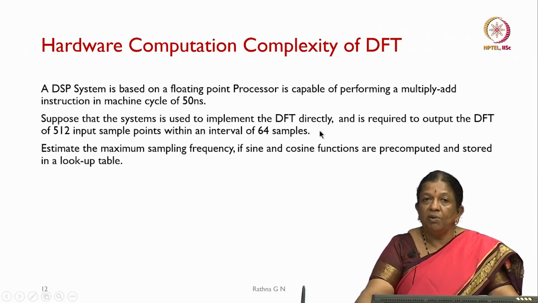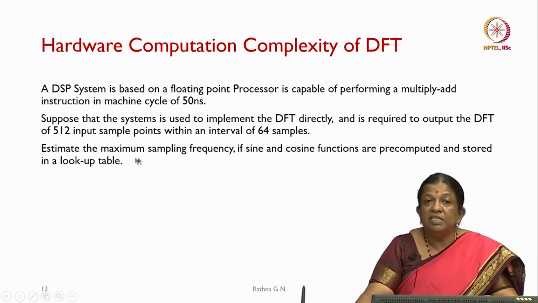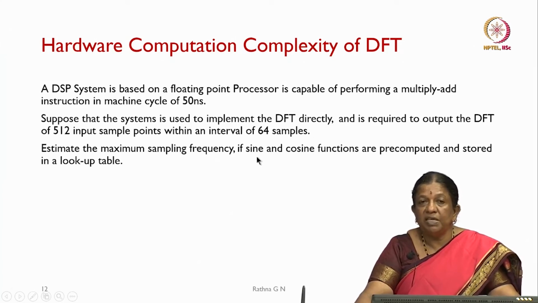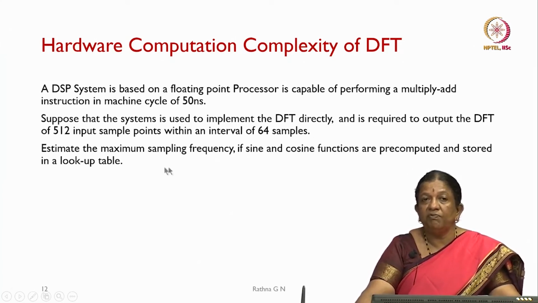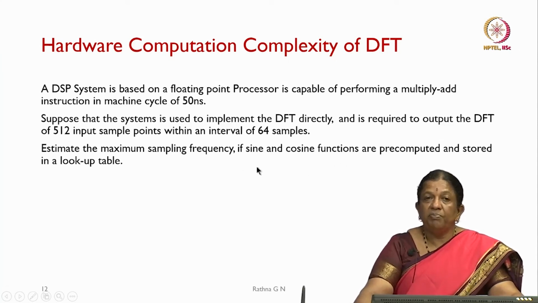We have to estimate the maximum sampling frequency if the sine and cosine functions are pre-computed and stored in a lookup table. So we are not using the library function, and we save a little time. For 512 points, both sine and cosine are computed and kept in the table, and we use that to compute our DFT values.